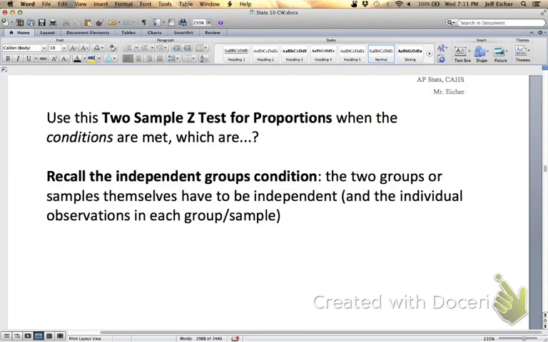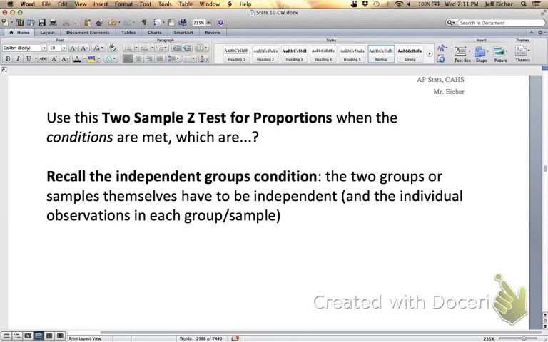Just like you read about yesterday. The independent groups condition. When you have 2 groups, you not only have to assume that if this was done properly and there was random selection, that the individuals within the group have independent responses, but also the groups themselves are independent of each other.